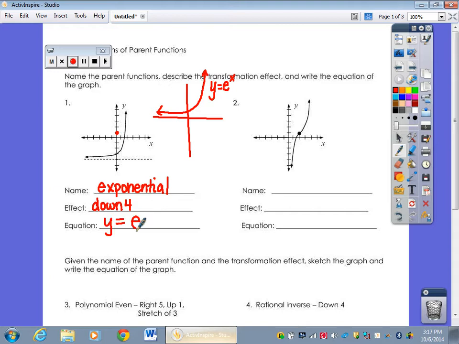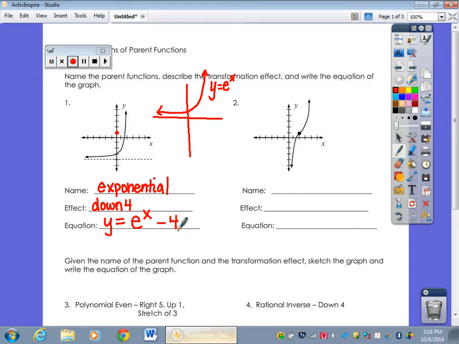So it's going to have an e to the x power, and down 4 means, if you look at your transformations, that it affects the equation outside of the function instead of inside the function. And since it's outside the function, it's exactly what you think. So down 4 would mean that you're taking away 4. And notice that I'm taking away 4 from the entire function, not from the x value. So e to the x minus 4 would be your equation.